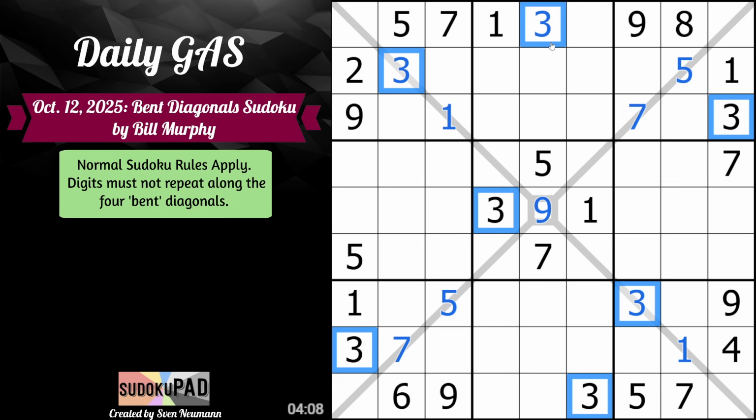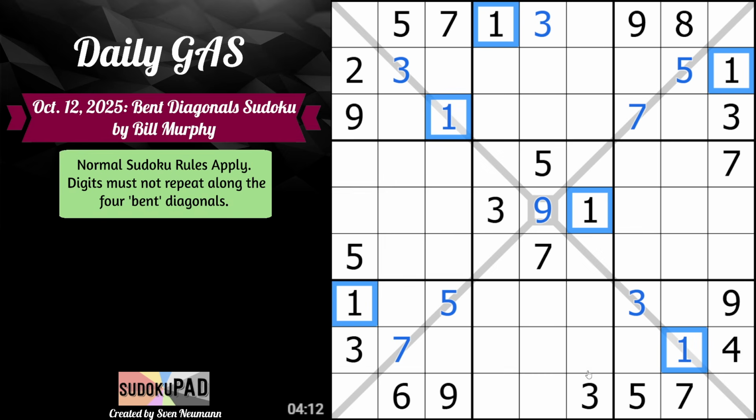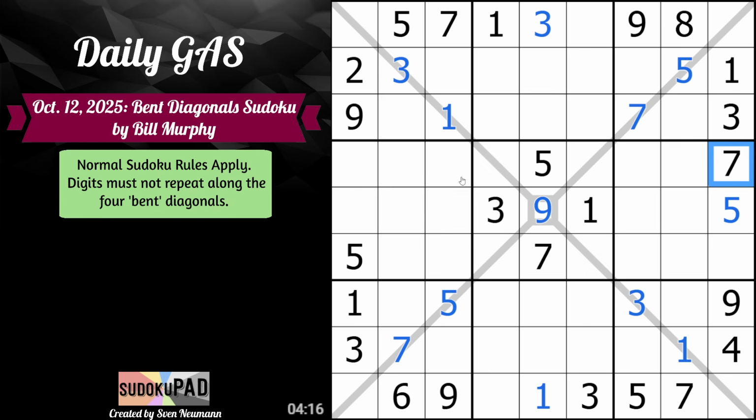3 just goes there. If 3 just goes there, then 1, 1, if I can select it, does the same thing. 5 does the same thing, and so does 7. 7 does the same thing over here. And now for 6, 8, we know that this is 4 or 8.